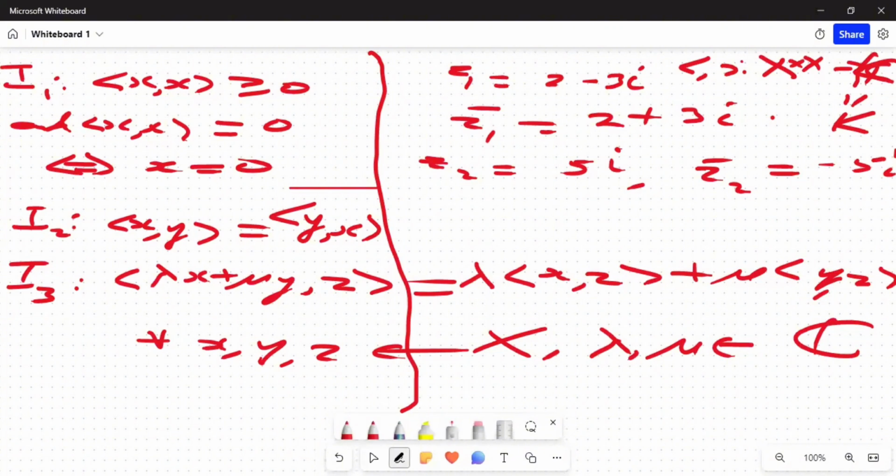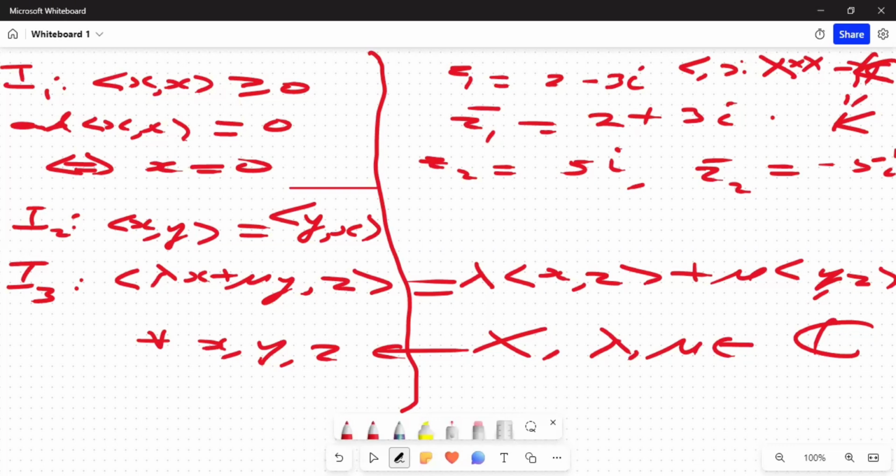The first item is that inner product of X comma X is always greater than or equal to 0, and inner product of X comma X is 0 if and only if X is a zero vector. The second axiom is that inner product of X comma Y is equal to inner product of Y comma X conjugate. And the last one, number 3, is that inner product of lambda x plus mu y comma z is equal to lambda inner product of x comma z plus mu inner product of y comma z.